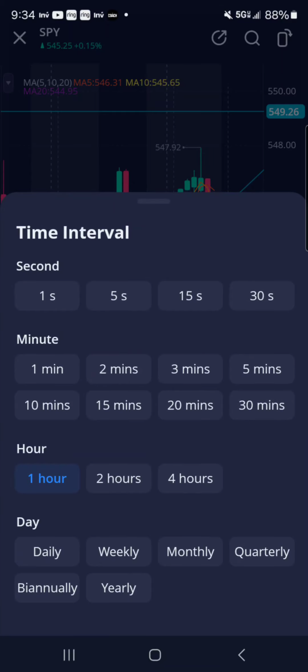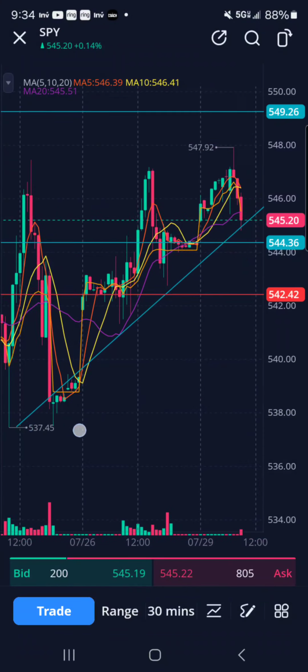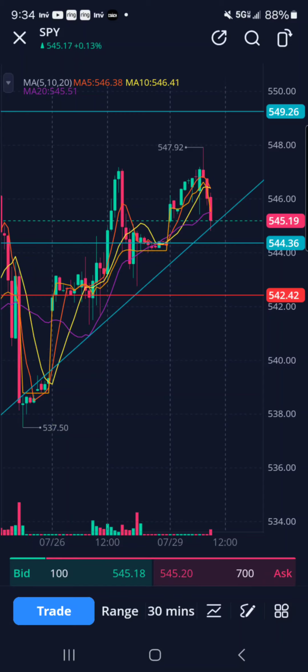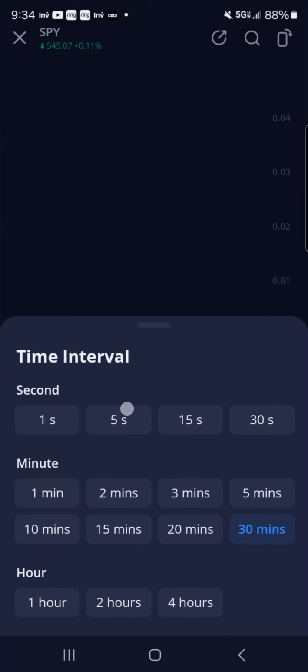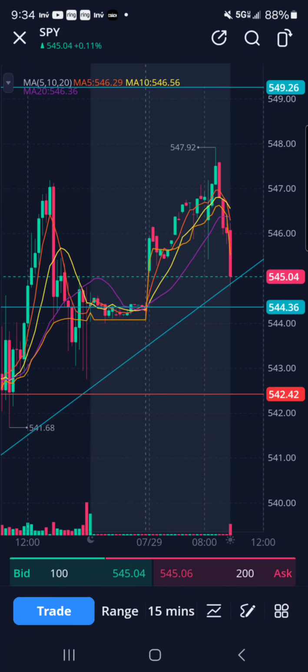Anyway, so let's top down some more. 30 minutes. Okay, in the 30 minute, this trend is still holding, respecting this trend line. Break it down some more. 15 minutes, still holding that trend line. It's the first 5 minutes of the market. It's usually the hardest time to trade.